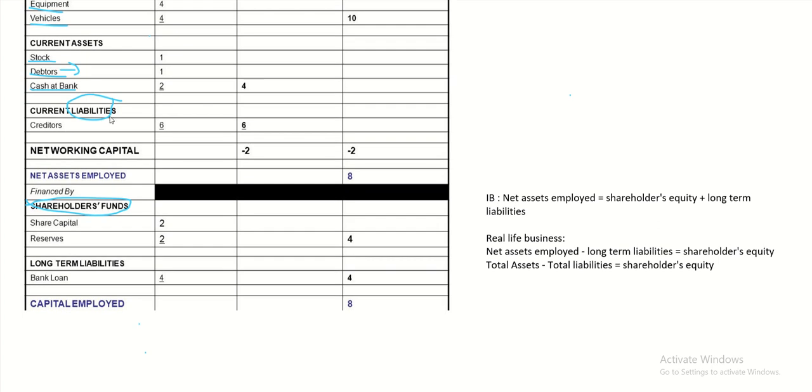So let's move on to the current liability, which is creditors. Creditors has another name, just like debtors. Creditors has another name which is accounts payable, meaning that it's the amount of money you need to pay in the near future. When we think about credit, we usually think about banks. You will need credit in order to borrow from the banks.